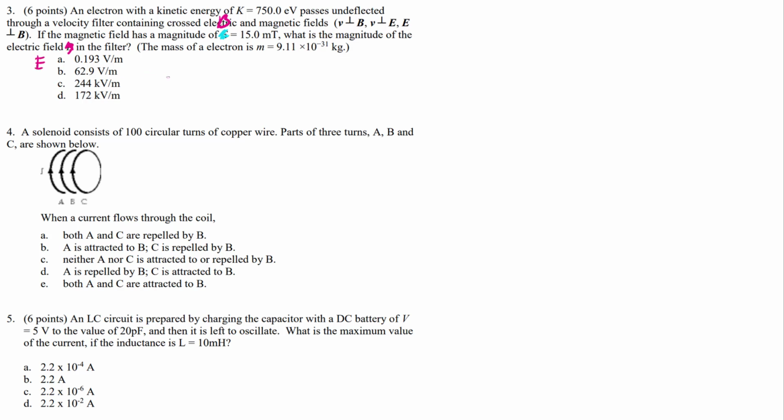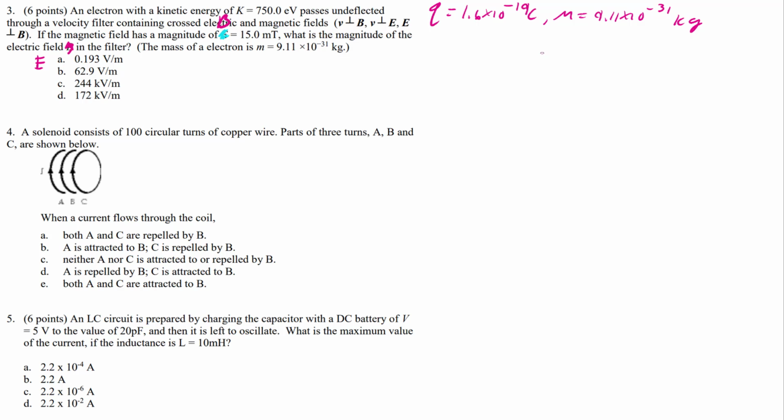So first of all, whenever it says an electron, you're going to be thinking that the charge, Q, is equal to 1.6 times 10 to the negative 19 coulombs, and that the mass is going to be 9.11 times 10 to the negative 31 kilograms, right? That's what you should be thinking.